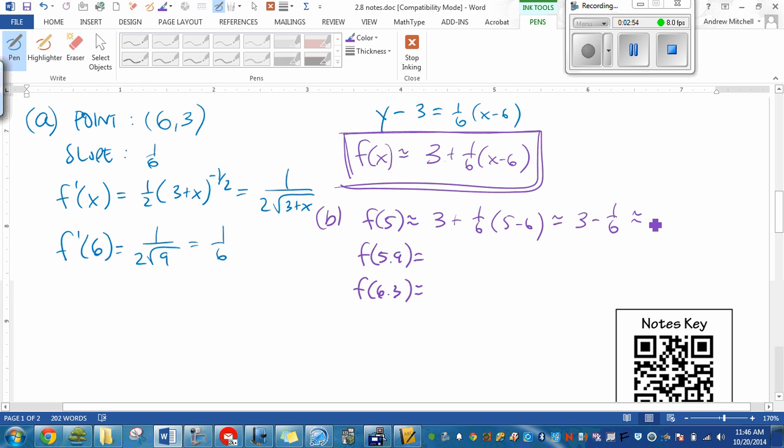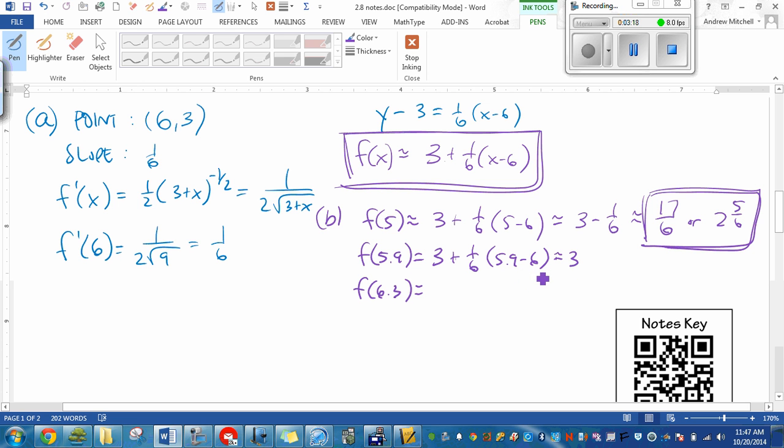You can write this as an improper fraction or a mixed number. 3 would be 18 over 6. Subtract that, we get 17 over 6, or if you want to, you can write that as 2 and 5/6. For f of 5.9, plug that in for x, we get 3 plus 1/6 times 5.9 minus 6.